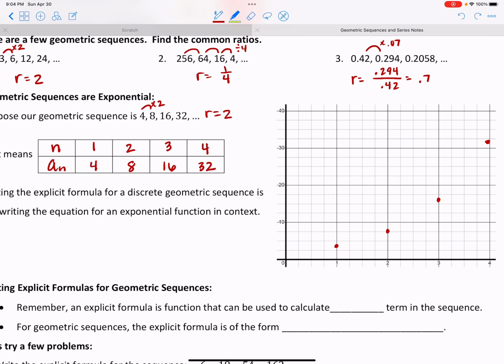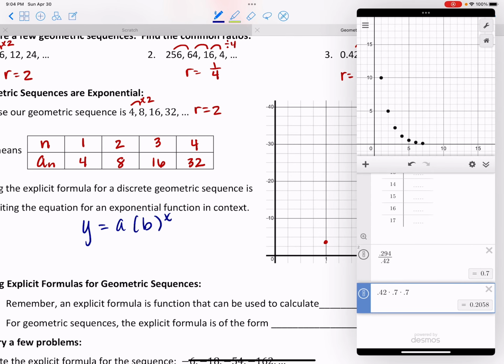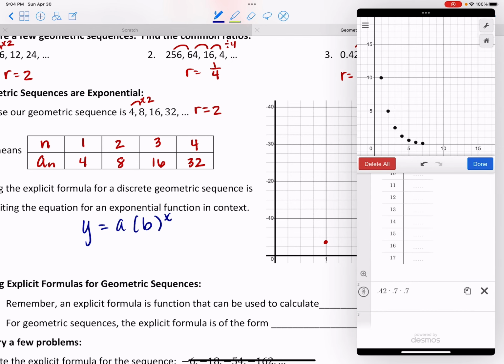So if I wanted to actually write the explicit formula for this sequence, it would be the same thing that I would do if I was writing an equation for an exponential function, and particularly when it's in context. So remember, when we're writing an exponential function in context, we would say y equals a times b to the x power.